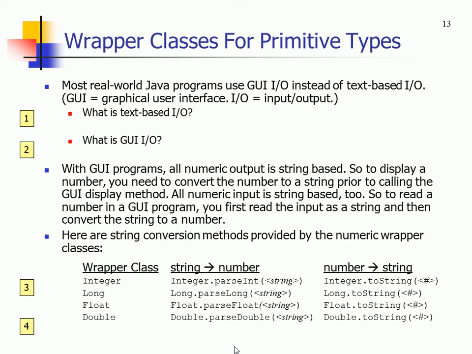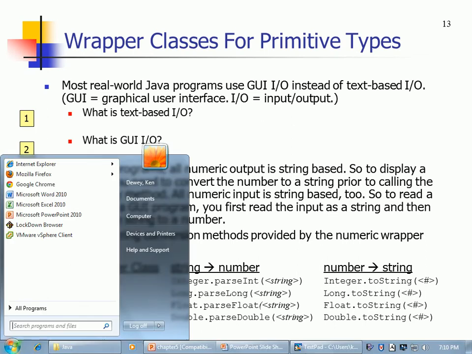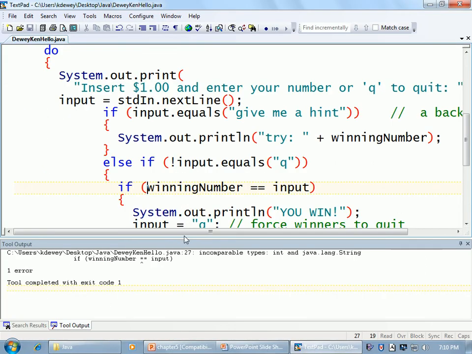We want to go number to string. So the Integer wrapper class right here allows us to convert a string to an integer and also from an integer to a string. So if I want to convert that to a string, all I have to say is Integer.toString.